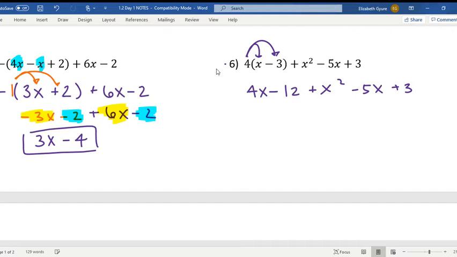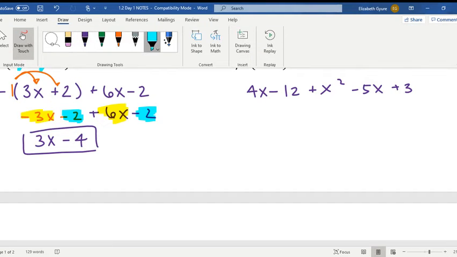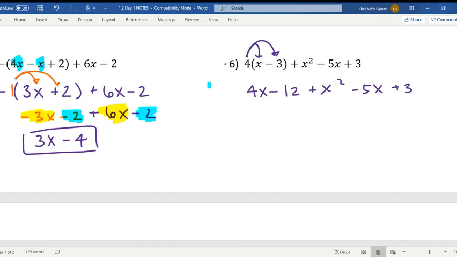Aiden, where do you see some like terms in number 6? Any ideas, Aiden? All right, Annalise, where do you see some like terms? Very good, yeah. 4x would go with this -5x, good.